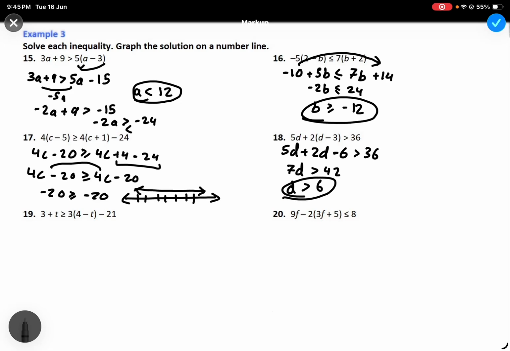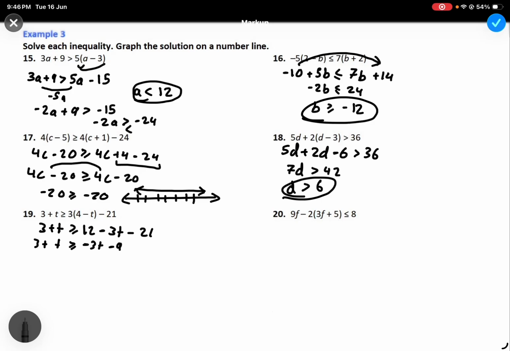Okay. For question 19, 3 plus t stays the same, is greater than or equal to, and then we distribute. 3 times 4 is 12, and 3 times negative t is negative 3t, and then minus 21. Actually, we're going to simplify it. Minus 3t, and then 12 minus 21 is negative 9. So 3 plus t is greater than or equal to negative 3t minus 9.